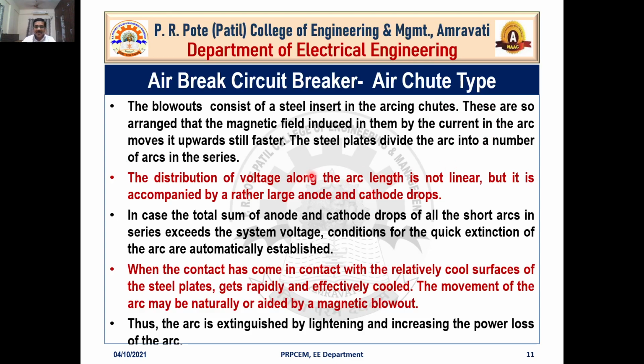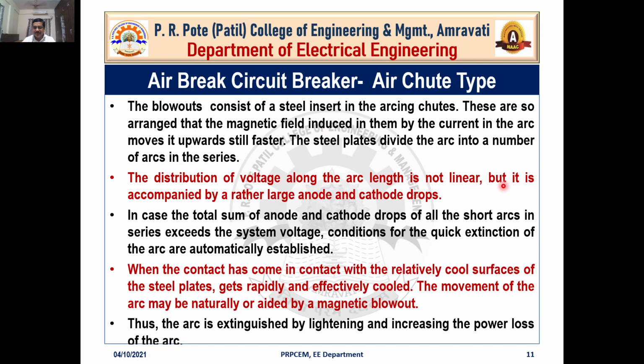In this air brake circuit breaker, the steel inserts in the arcing chutes create a magnetic field induced by the current in the arc, and that way the arc moves upward faster.